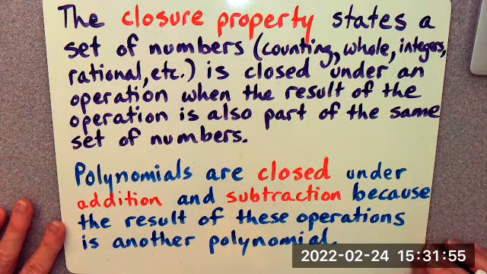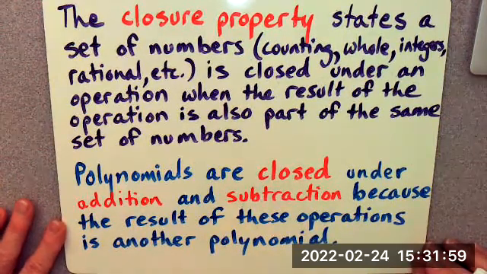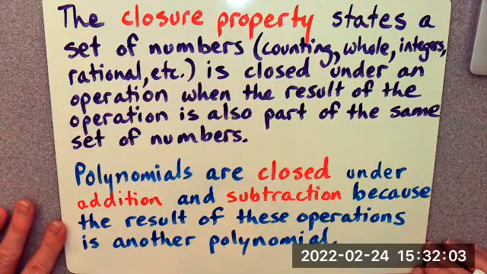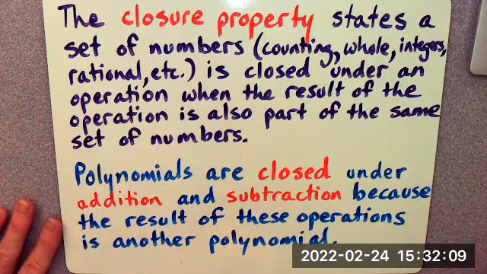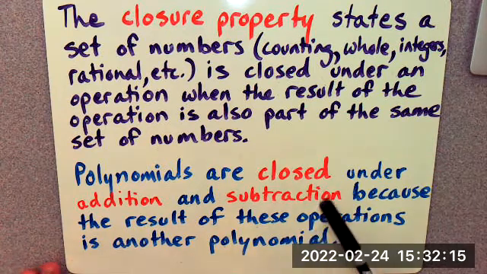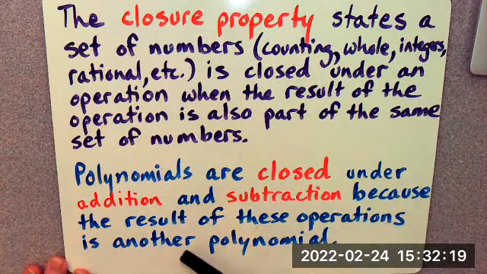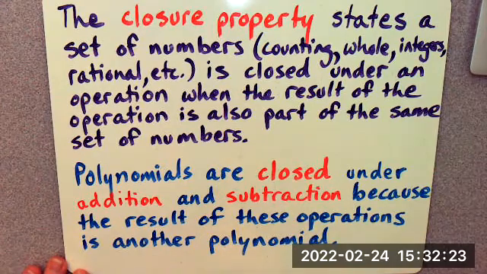So if I add a whole number to a whole number, I get a whole number. So that's a closed property. So 2 plus 2 equals 4. All of those numbers are actually counting numbers or natural numbers. So that would be a closed property. Well, polynomials are closed under addition and subtraction because the result of these operations is another polynomial.